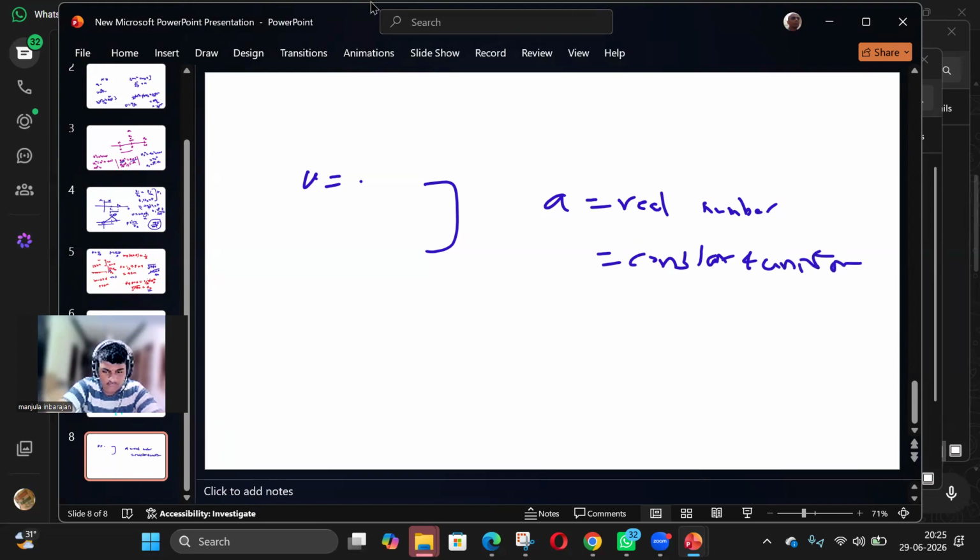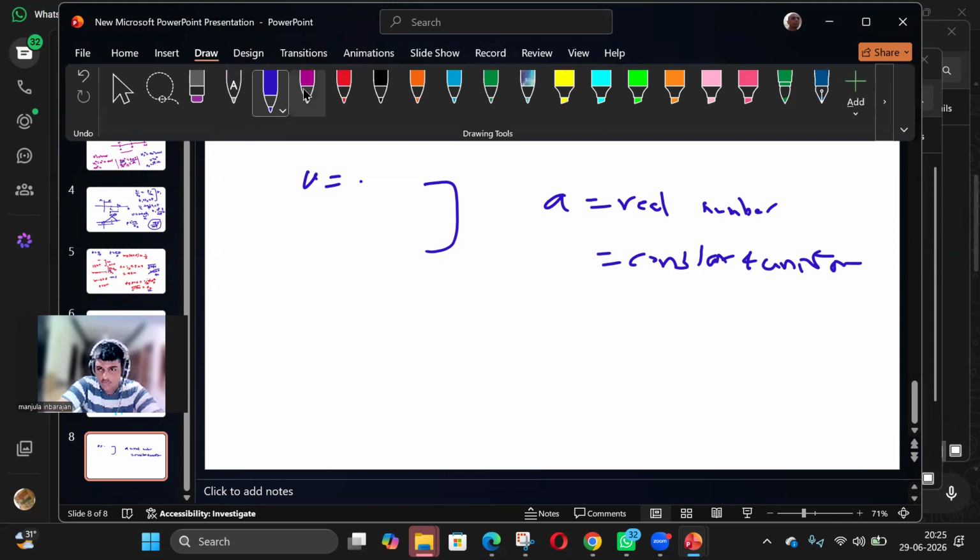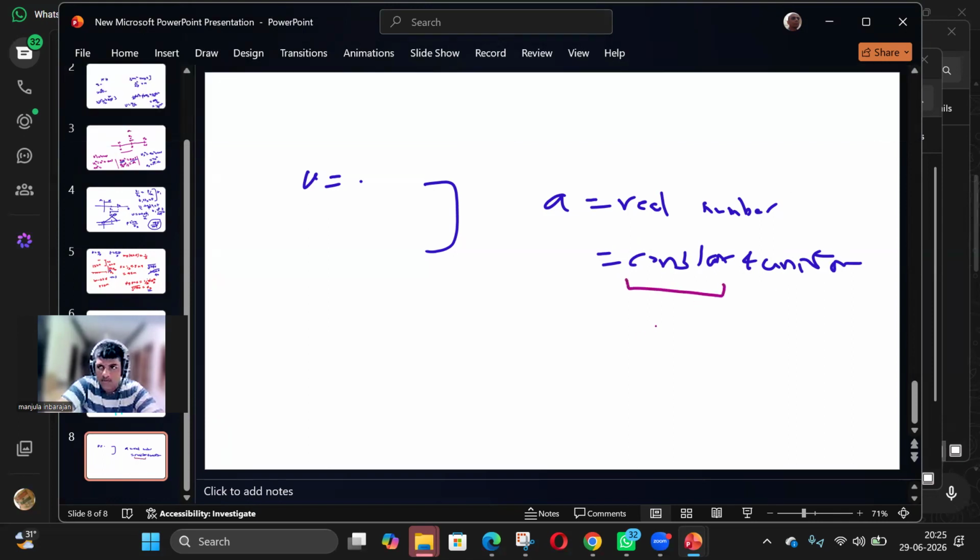What does constant mean? Constant is, it does not change with time. Yeah, it's not a function of time. Okay.